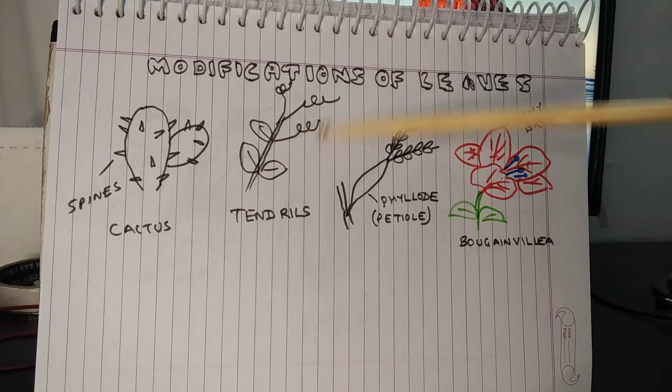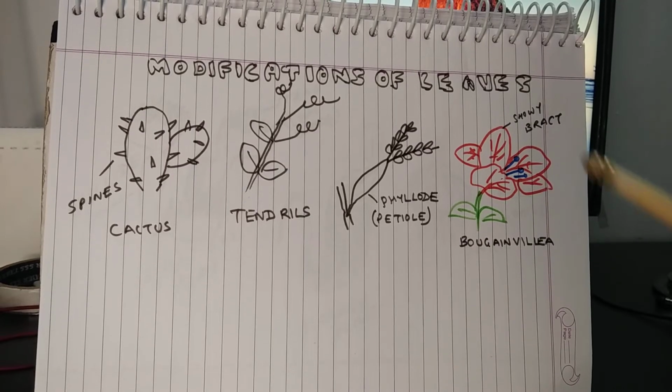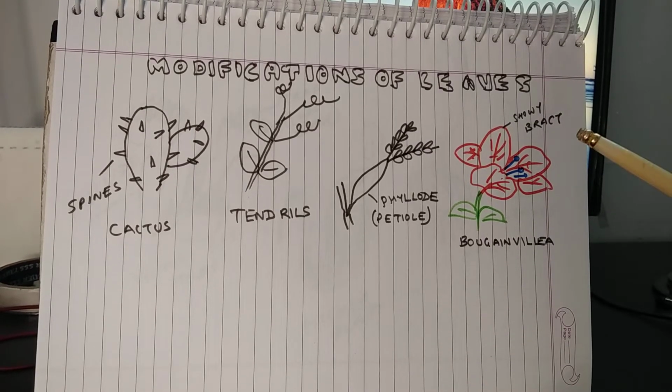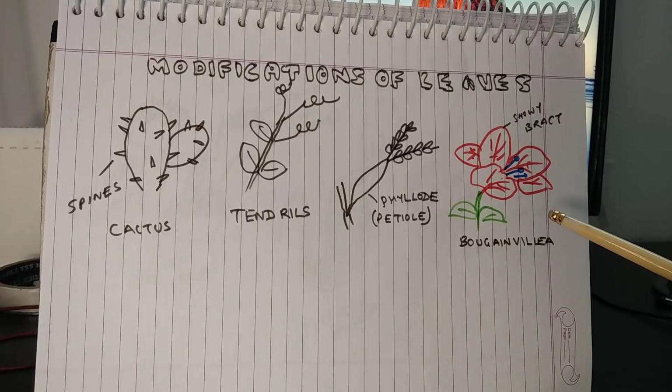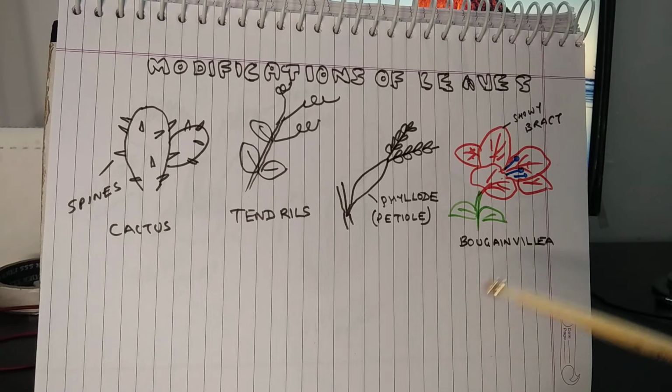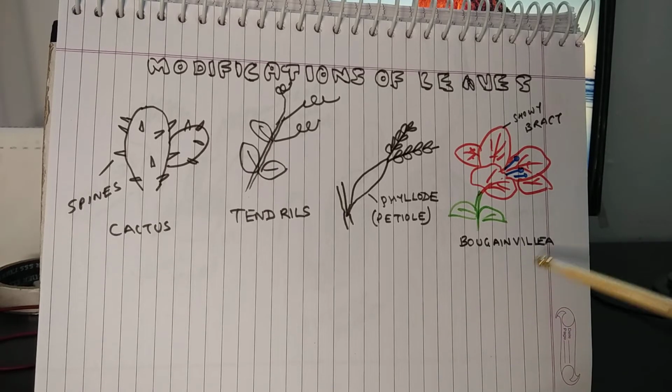Leaves are also modified into tendrils for providing support to climbers and creepers. For example, in a plant of grape, or in some pea plants, the tip of the leaves get modified into tendrils. Then some of the leaves modify into showy bract. The example is bougainvillea.